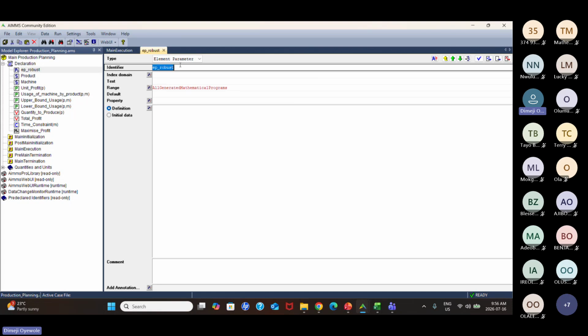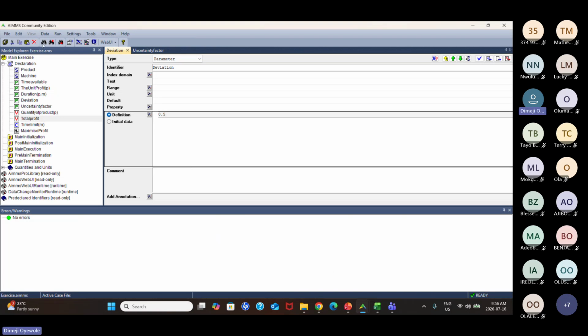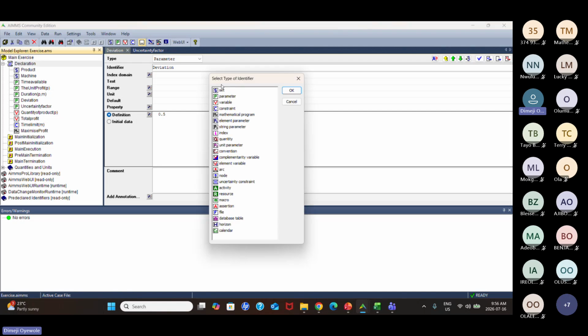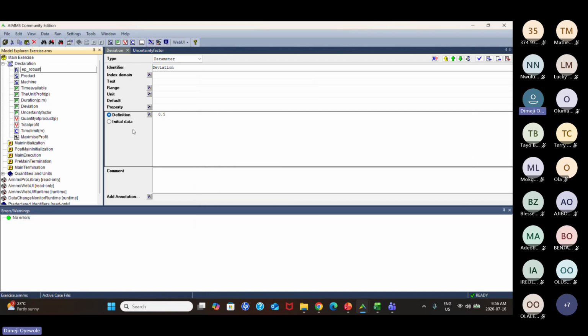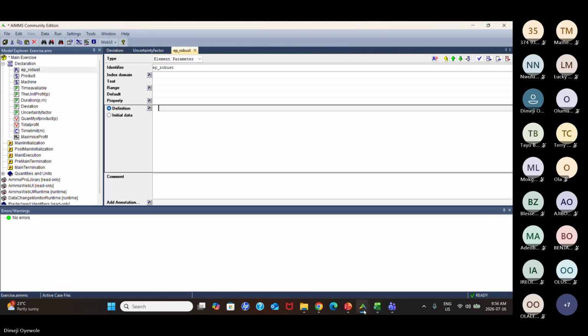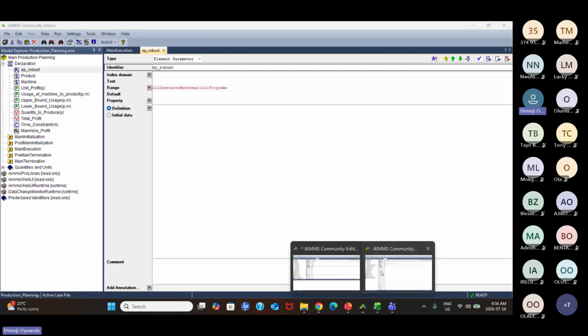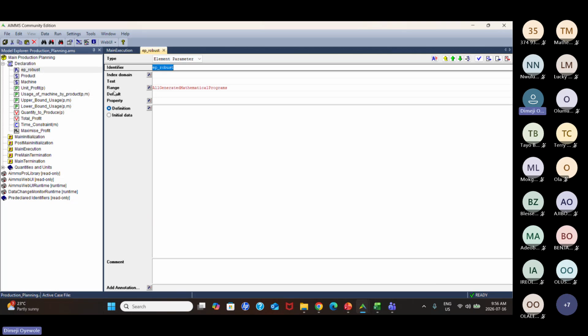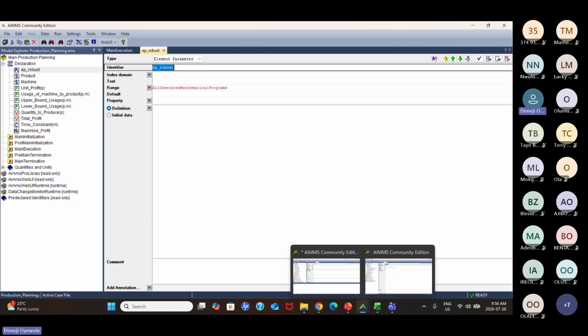You put that there. And then for the range, you put all generated mathematical programs.